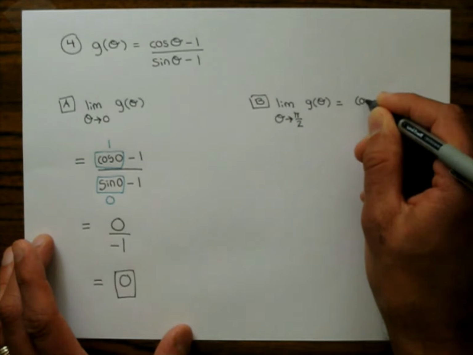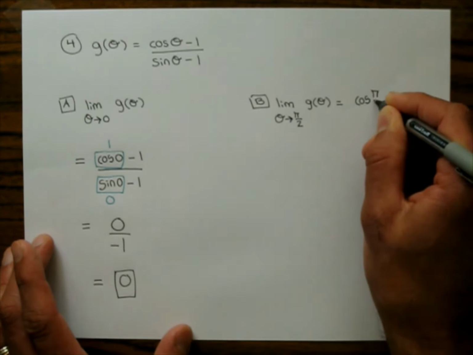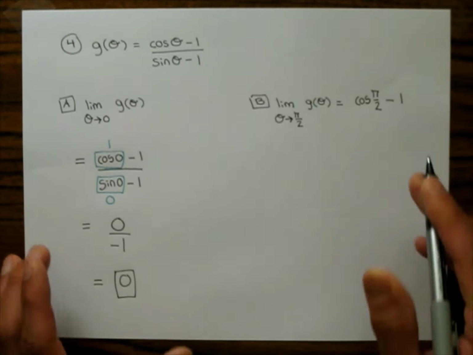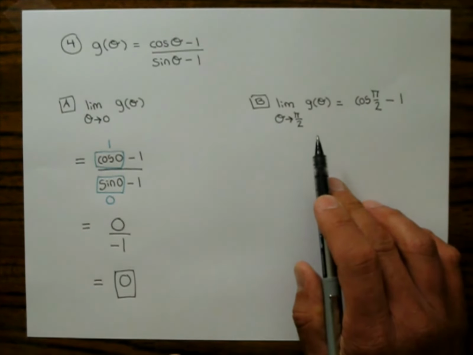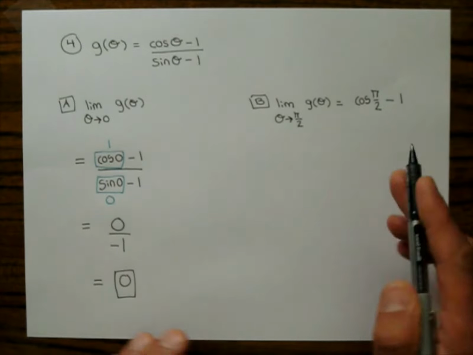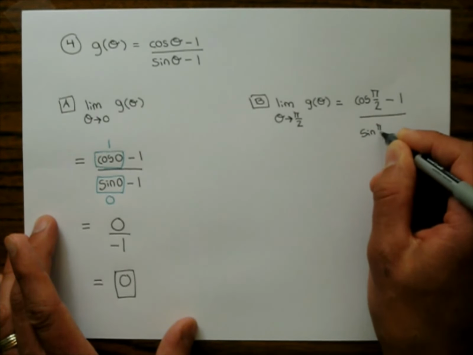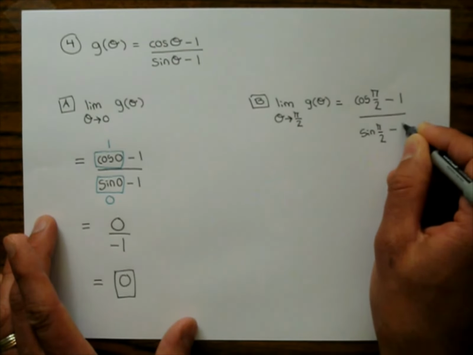So this is the cosine of pi halves minus 1. At any time you could pause and see if you can figure this one out on your own. On the bottom we have sine pi halves minus 1.